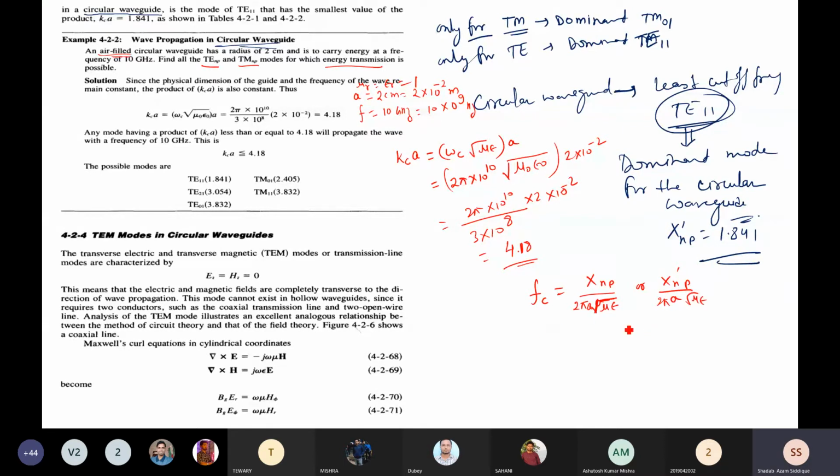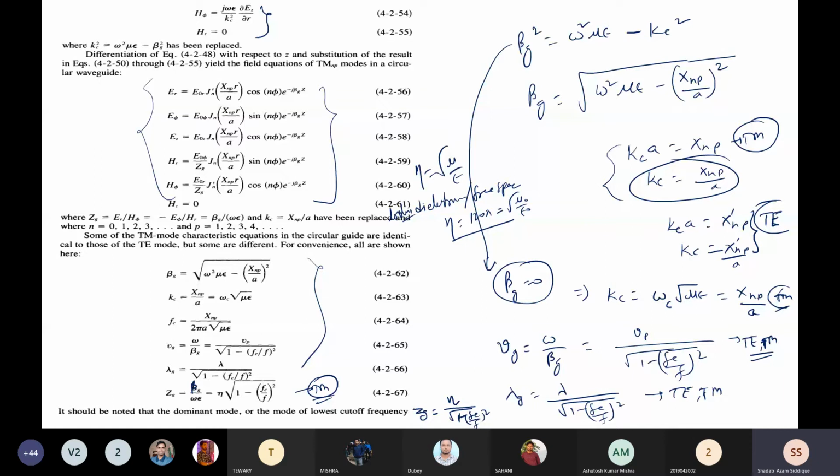So see, fc can be rewritten like this. This is the cutoff frequency which we have, and the cutoff frequency can be written as x_np divided by 2 pi a root under mu epsilon.